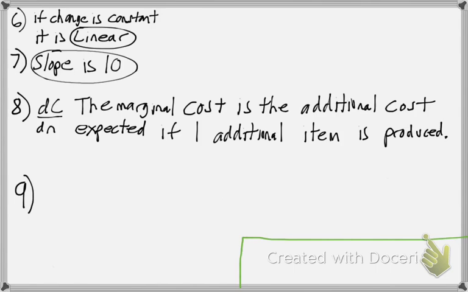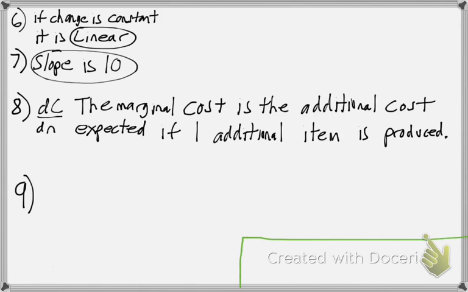So whatever the additional cost, if you produce one extra item, what is the additional cost going to be for producing that one additional item? And question 9 has to deal with it.